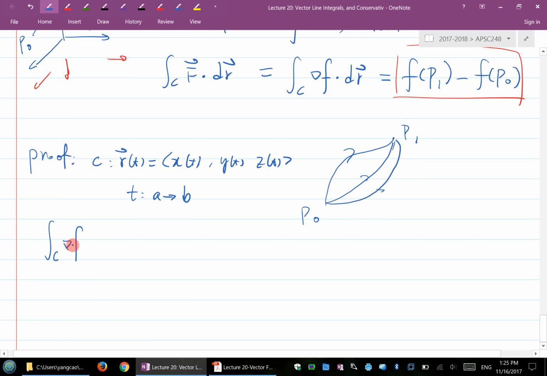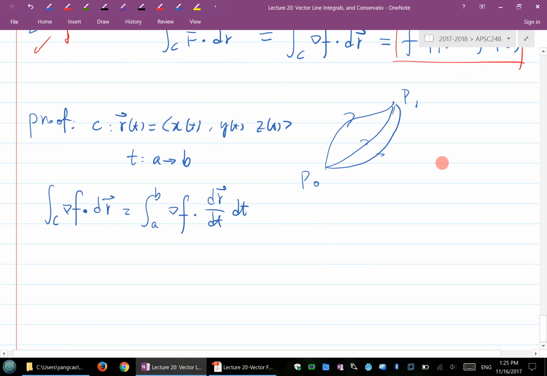What we're required to do now is this vector line integral. So basically you're integrating for t going from a to b, and here I'll use the other formula, basically dr over dt times dt. It's the same thing, right? Now I will expand the gradient here.